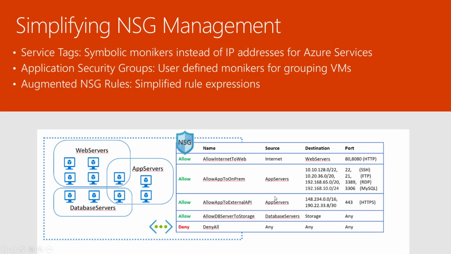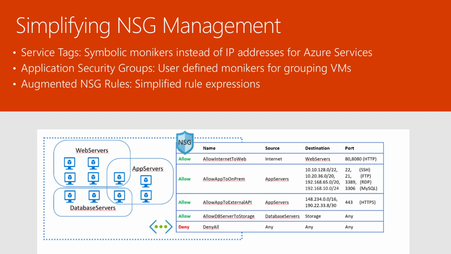So one of the main drives, or one of the things that Microsoft has been doing over this past year, between last year and this year, is they've been working hard to improve how network security group is managed in an Azure virtual network. Because when they first released this, it was okay, but then there was a bit of complaint in terms of it wasn't meeting the requirements that people wanted it to meet.